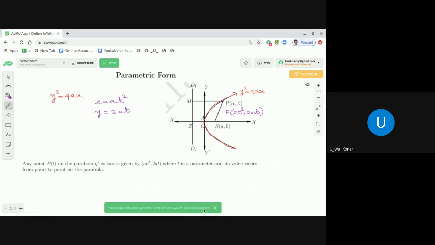So instead of two unknowns, the point P can be expressed with only one parameter.